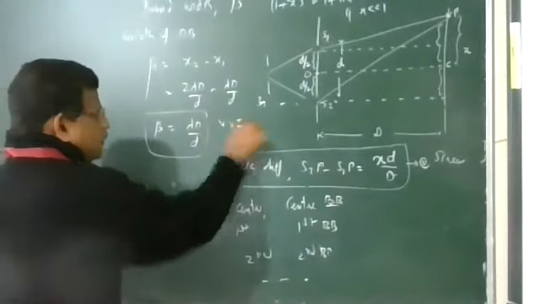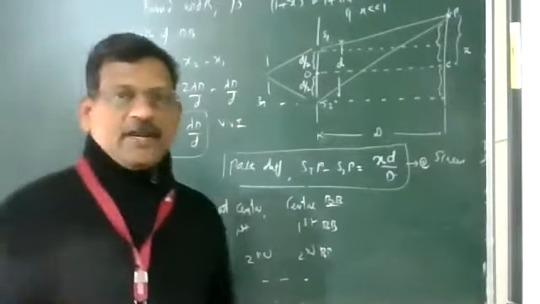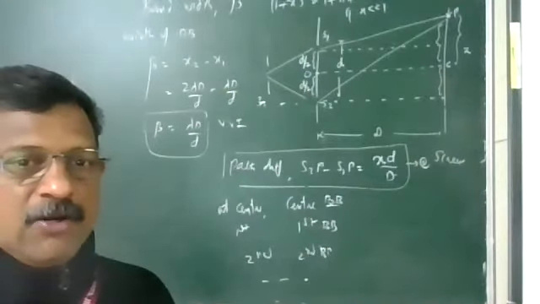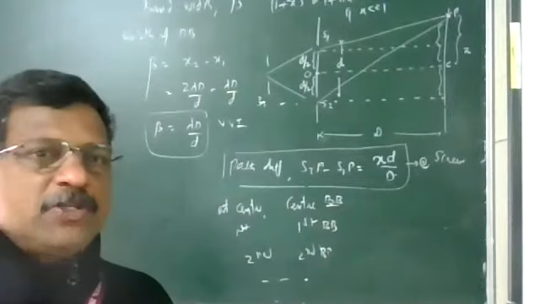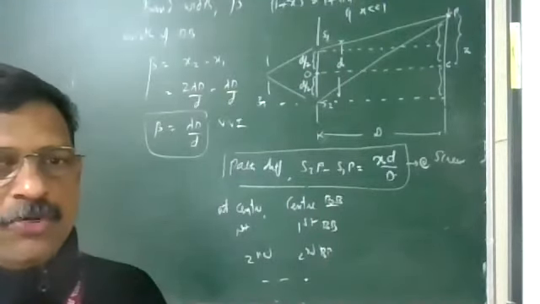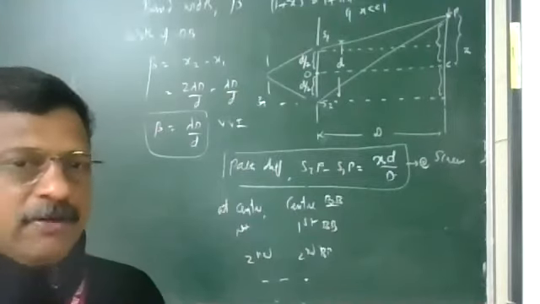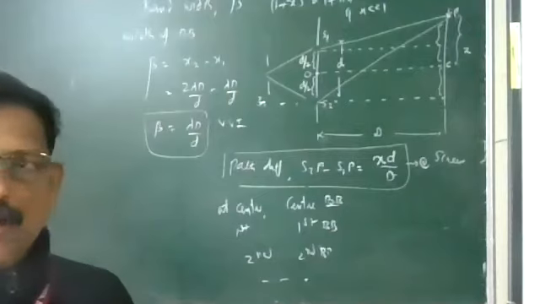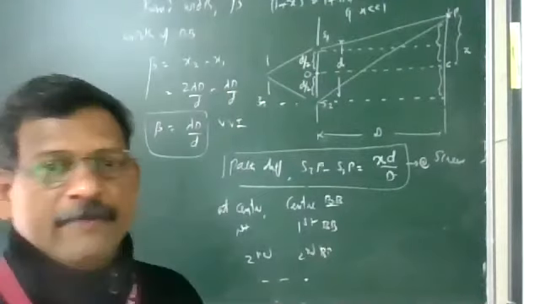Very, very important equation. In interference, the width of a dark region is beta equal to lambda D by d, which is the same as the width of the bright region. It is independent of whether it is the first, second or third one; all are of the same width, lambda D by d.